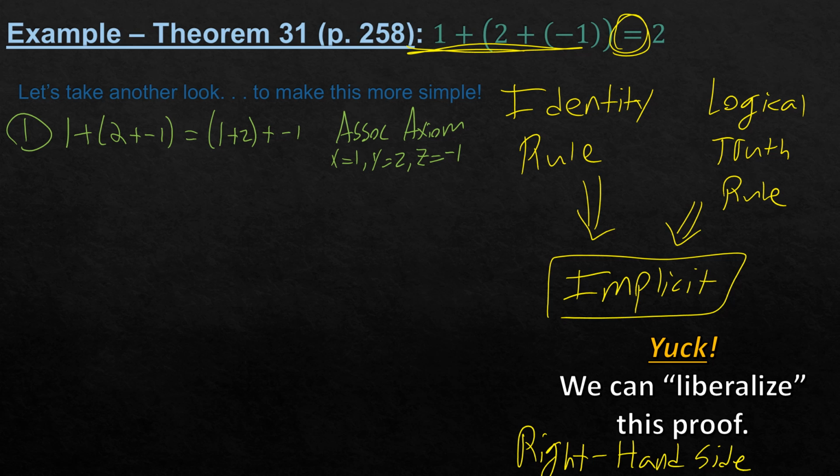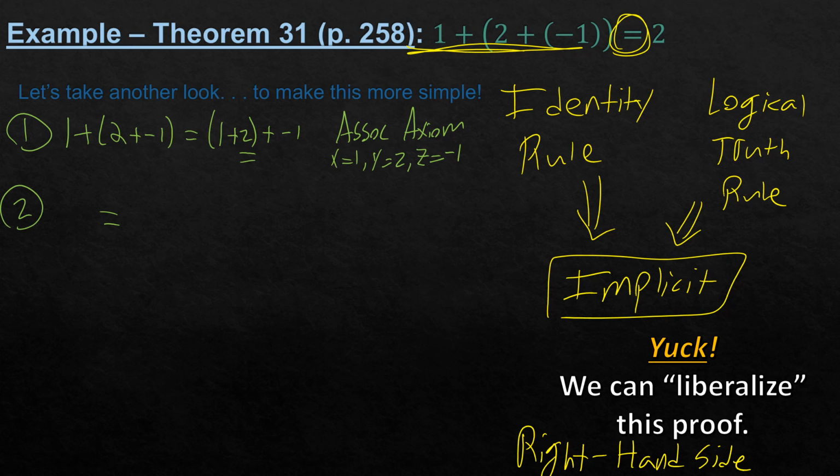So for line 2, what can we do? We can use the commutative axiom. And the reason we're going to do that is because we're going to want the 1 and the negative 1 side by side ultimately. Because then we can get a 0, and then, hey, we'll have a 2 left over.